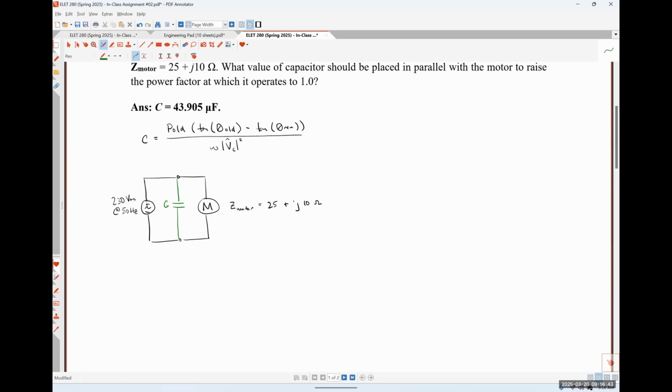Looking at this schematic diagram, what is the value of the voltage drop across our capacitor? 230 volts, right? That 230 volt source is in parallel with that capacitor. So the magnitude of the voltage drop across our capacitor is 230 volts RMS.